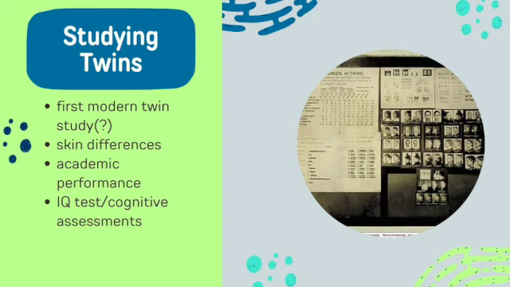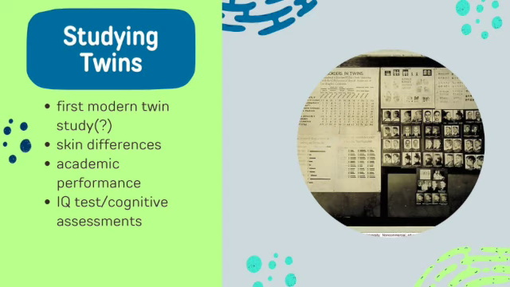And then Simons wrote for a book in 1924 called Twin Pathology, except in German, which is a word that I'm not going to try to pronounce.